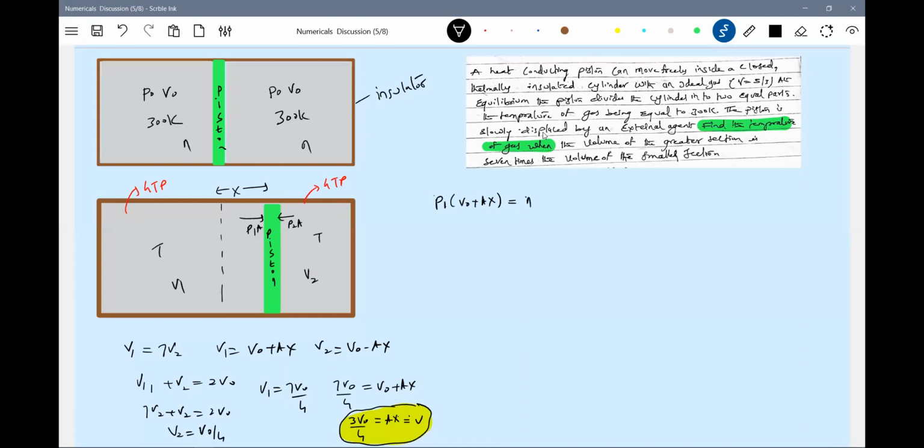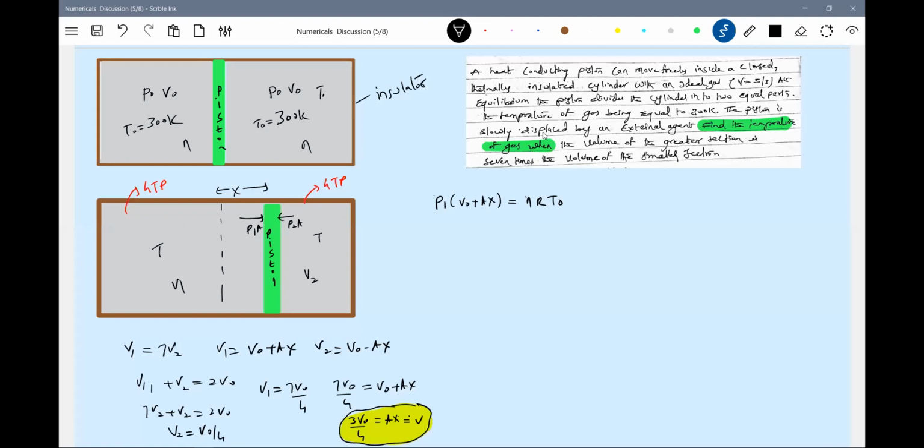I need not bother about that. And the temperature is T naught, this initial temperature we'll call T naught. Okay, this will be the temperature.